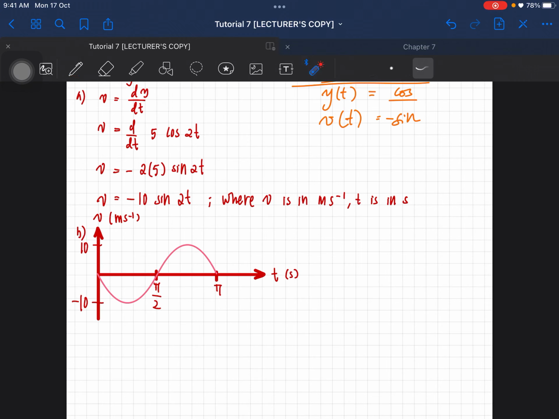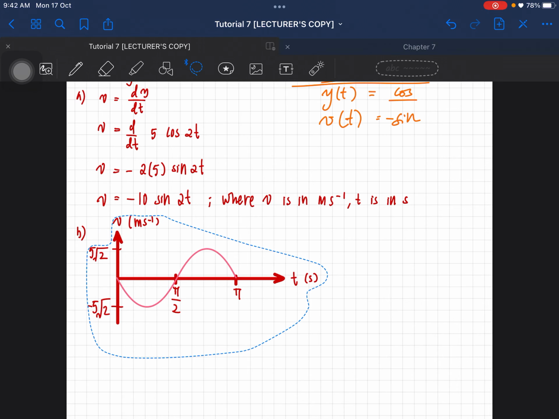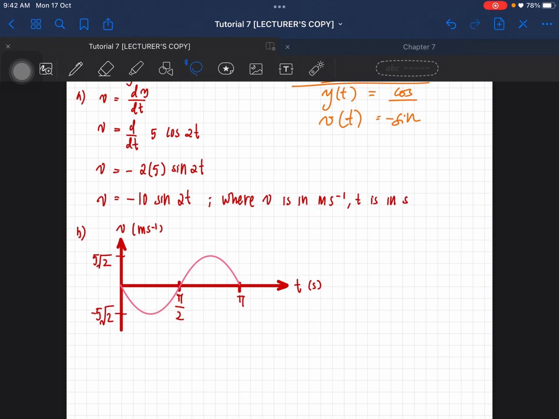I don't think it should be 10 here. So this is a velocity graph. So we need the maximum velocity. The maximum velocity is actually negative 5 over 2. Okay, sorry everybody, I am just referring to the answer scheme. So this is how I would draw it.